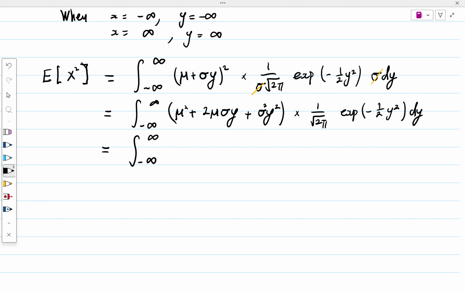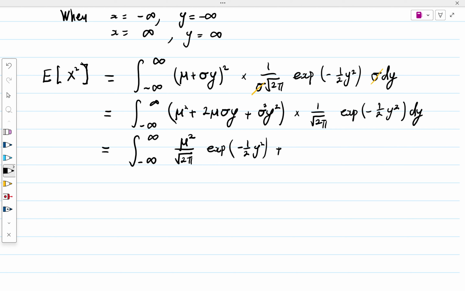Negative infinity to infinity of the first term here is the mu squared and then the half over square root 2 pi exp. So we've got mu squared on square root 2 pi exp of negative a half y squared.